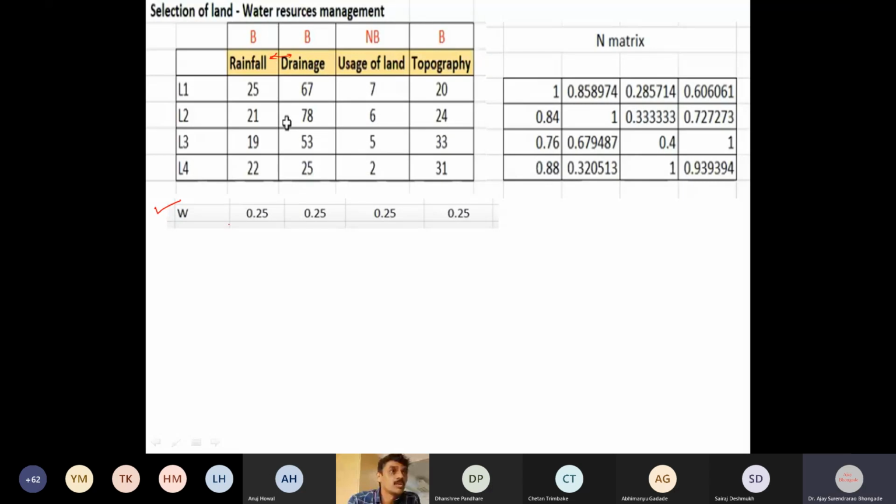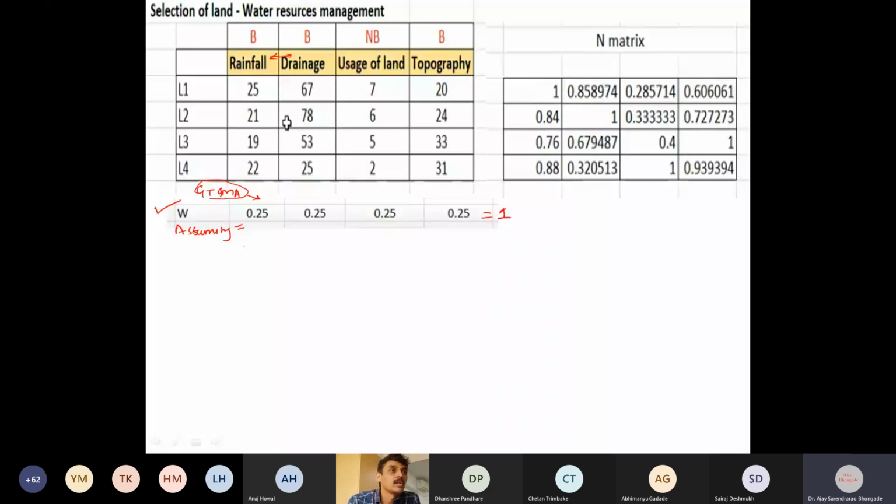That is what we called graph theory and the GT matrix approach, which is sometimes used to determine these weights. So we are assuming the weights to be equal. We have to ensure that the summation of the total weight should be 1.